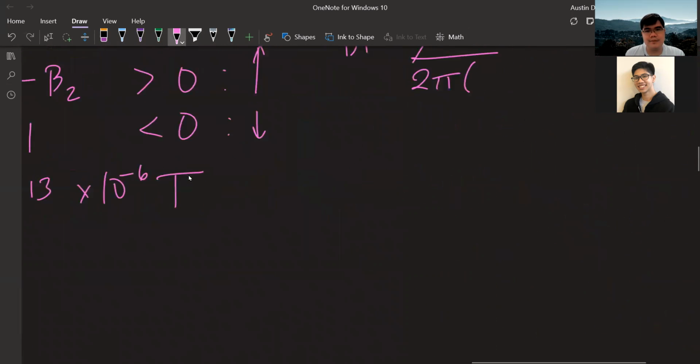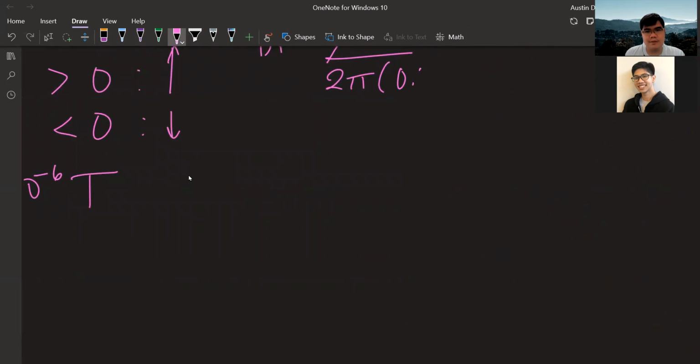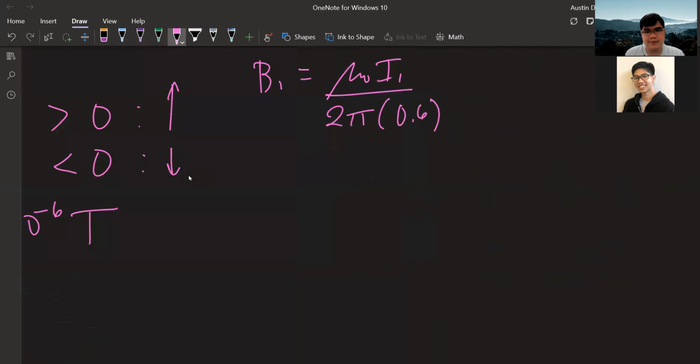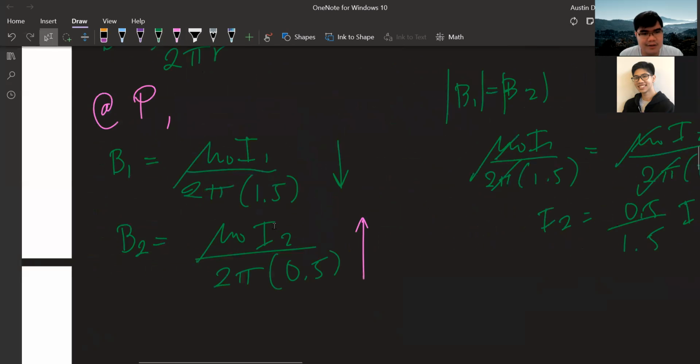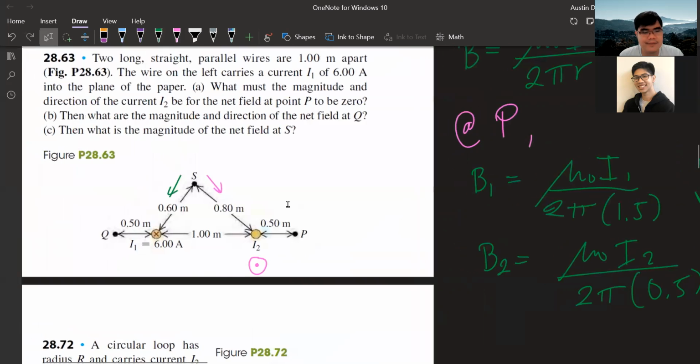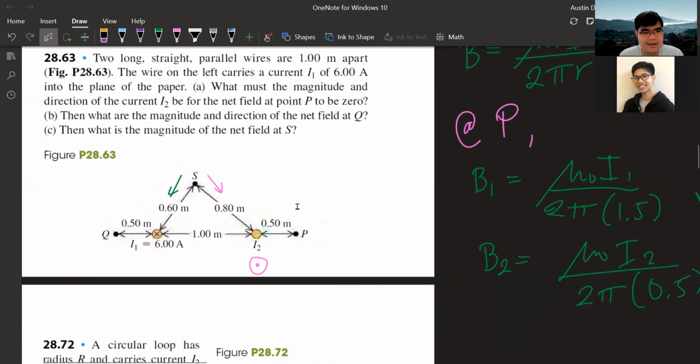So 0.6. Then B2 would become mu naught I2 over 2 pi times 0.8. Okay? And then, how do you get the resultant amount of this magnetic field?